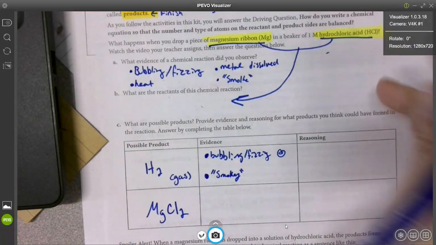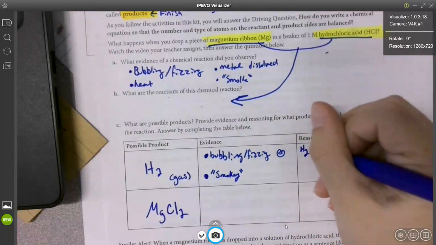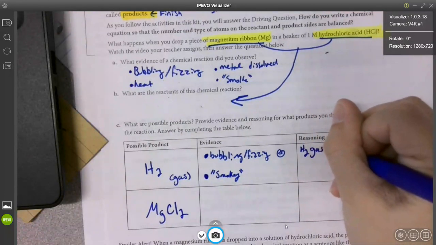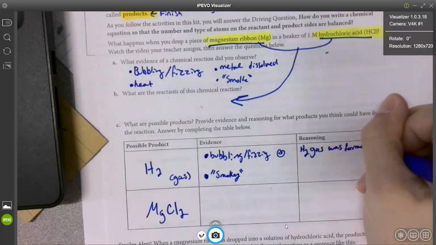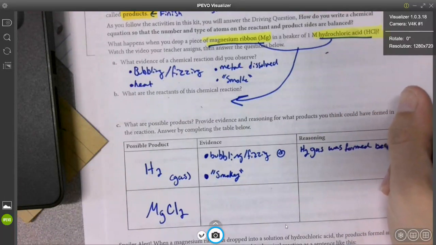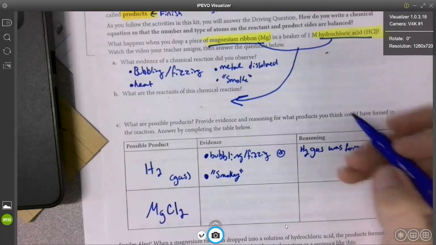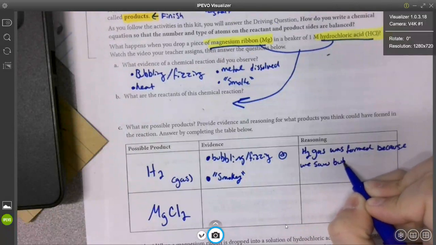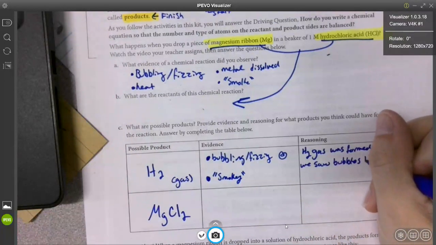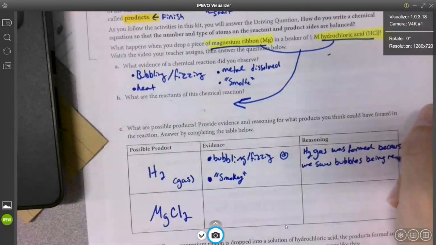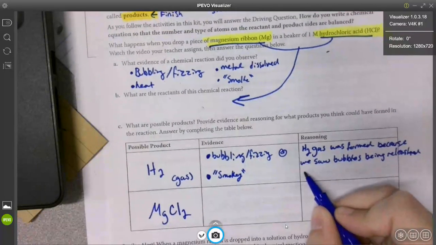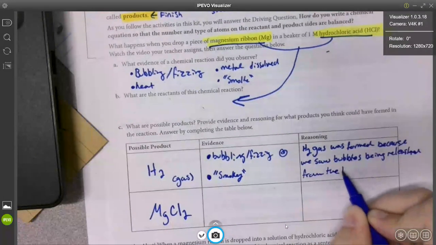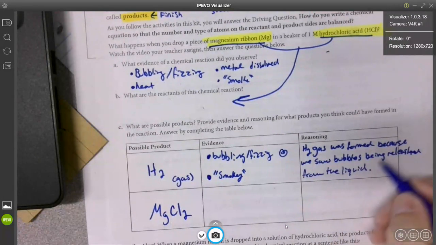So we have: hydrogen gas was formed because we saw bubbles being released from the liquid.